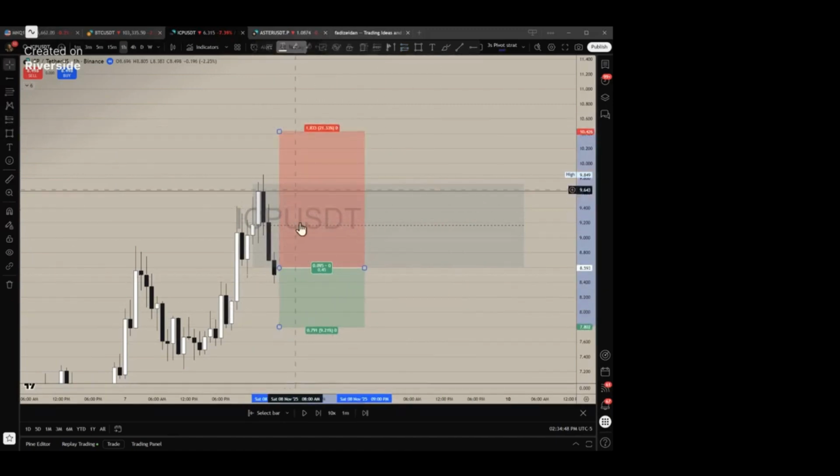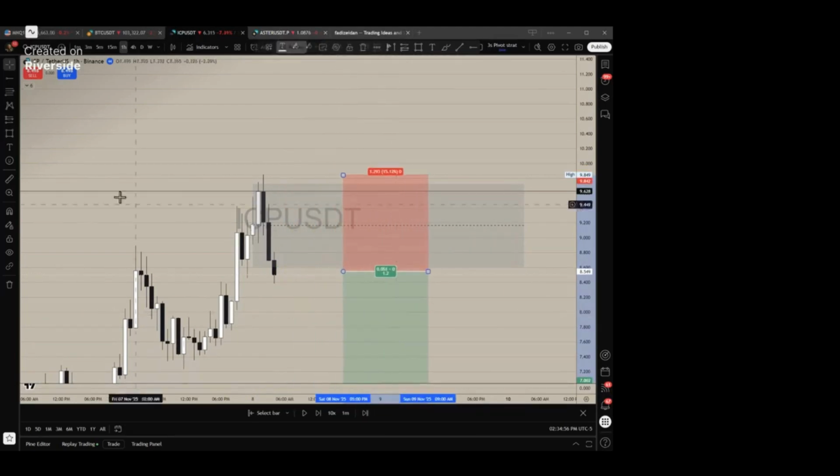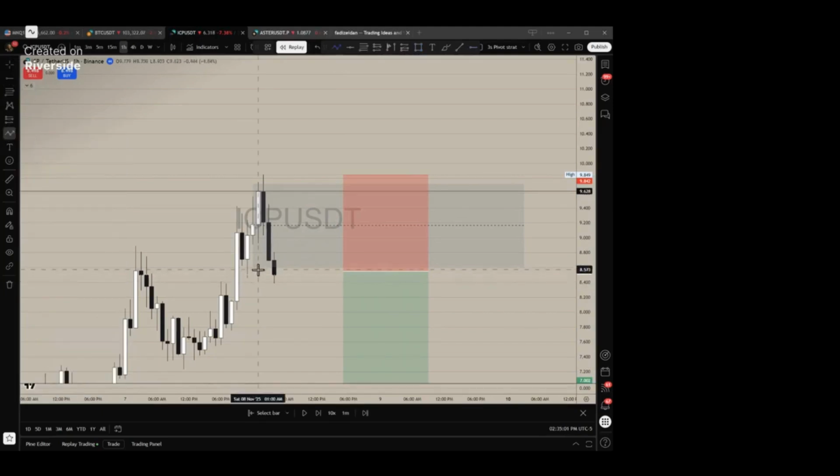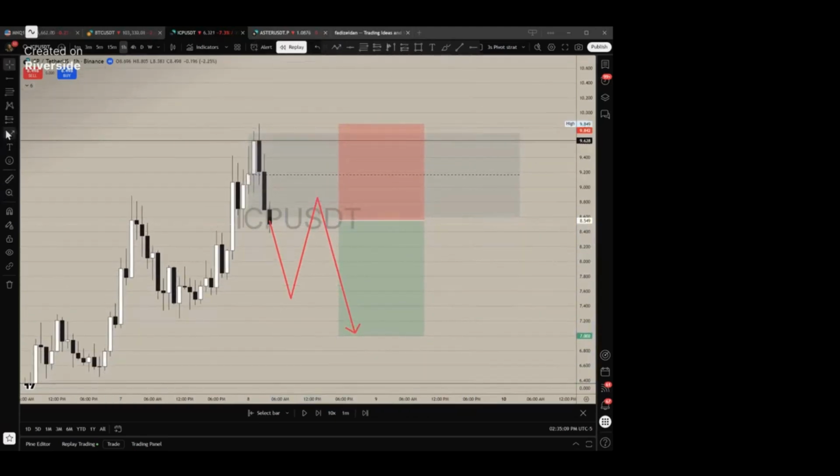Do you like something like this, or do you like something where price comes and goes like this? Does price have to retest, or can price just scoot on down here and not have to retest?